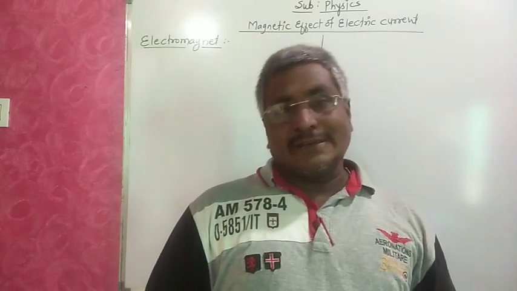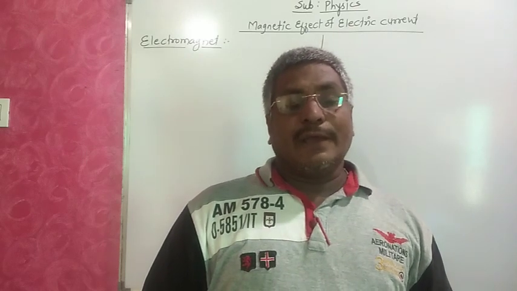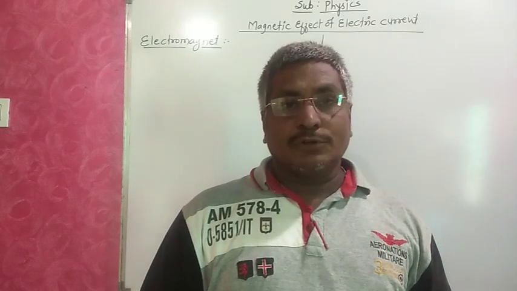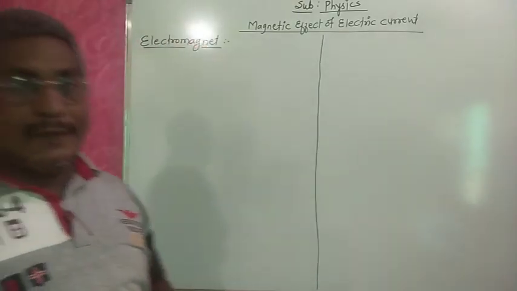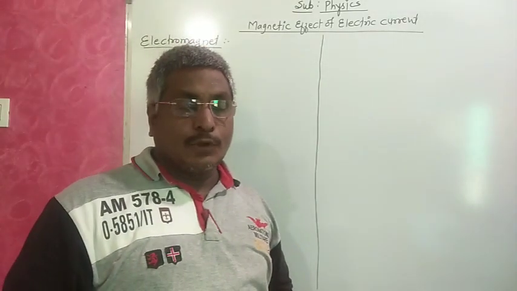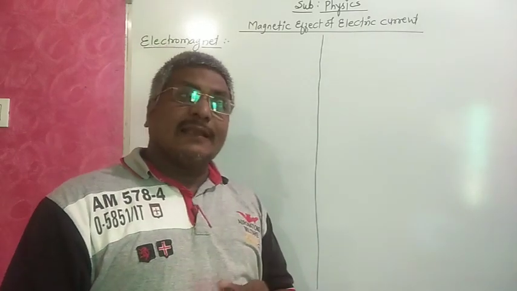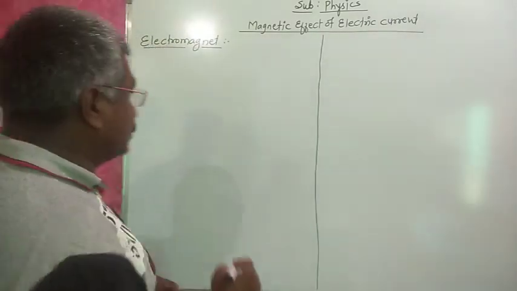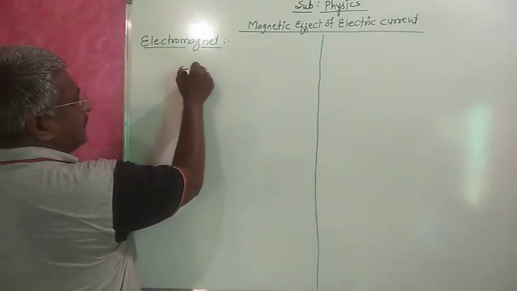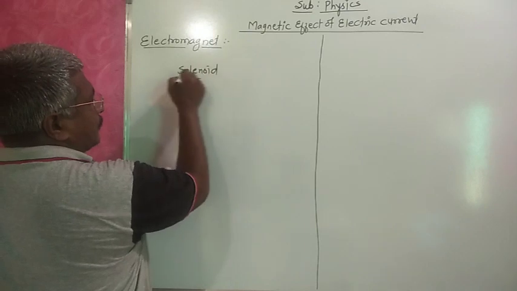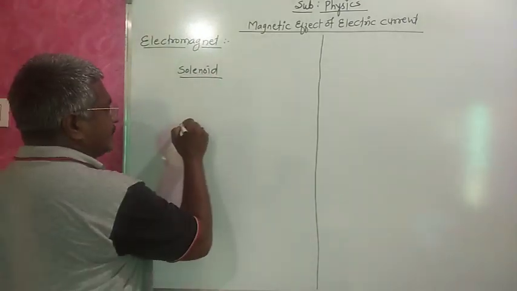Hope you understand these things, students. Now today we are going to discuss electromagnet. What is the meaning of electromagnet? Before discussing electromagnet, in the last pattern we studied the solenoid. What is a solenoid?